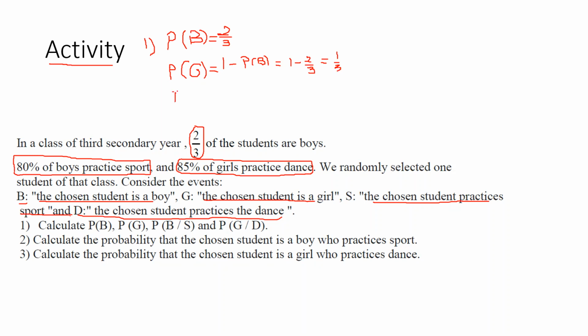Probability of boy, B bar or B, girl, is 1 minus probability of B. We said probability of B bar equals 1 minus probability of B. What is the probability of boy knowing that he practices sport? 80%. Yes, 80%.